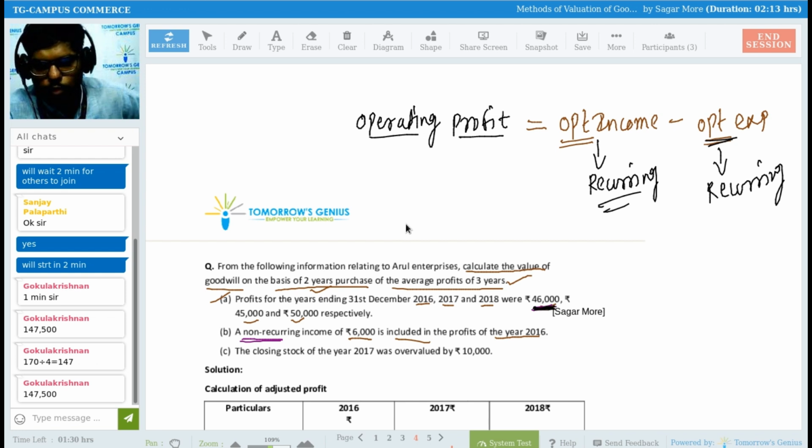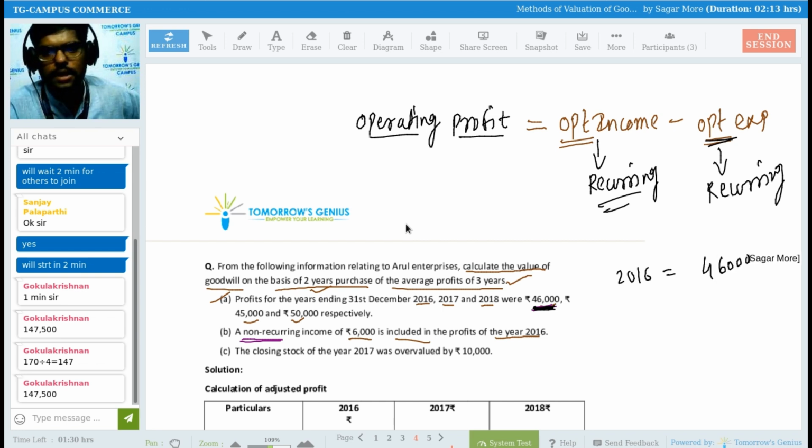Yes, when you calculated 2016's profit, your profit is 46,000, right? How did you get this? By adding income and by subtracting expenses, no? Previously you added 6,000 rupees of income, but that income was incorrect, sir. Why? That was non-recurring in nature, right?